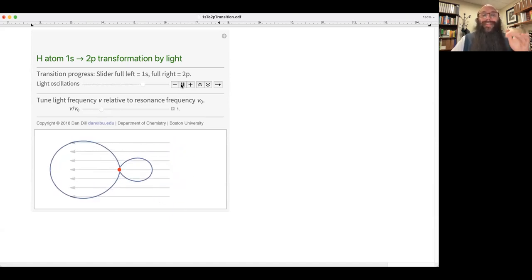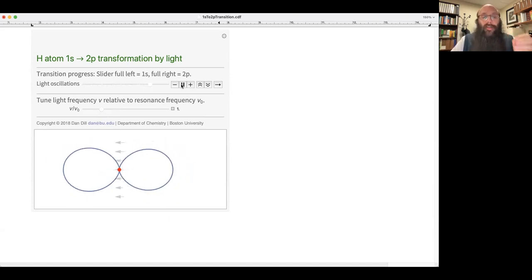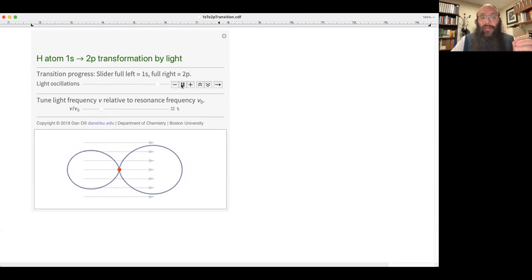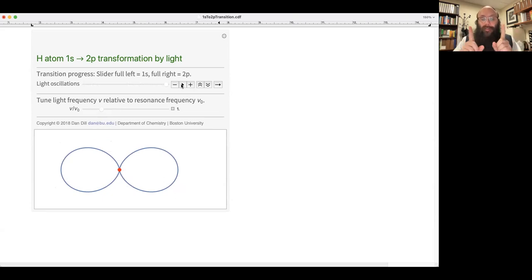But really, it takes 100,000 oscillations of the electric field of the light to make that transformation happen. After those 100,000 oscillations, the electron wave has been transformed from what was called 1S to what we now call 2P, a higher energy wave. The light has given some of its energy to this wave to make that transformation.